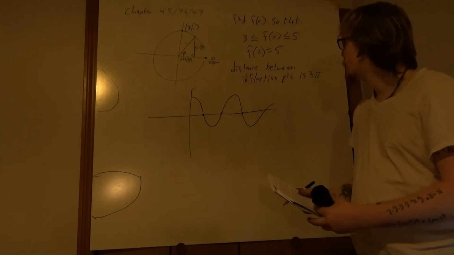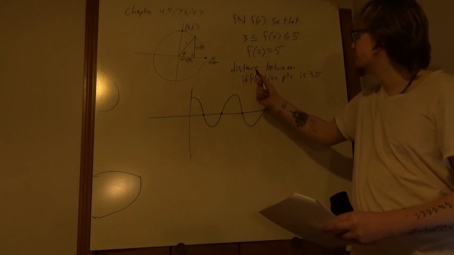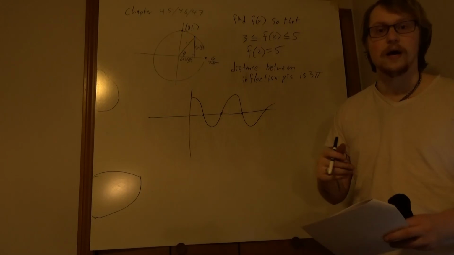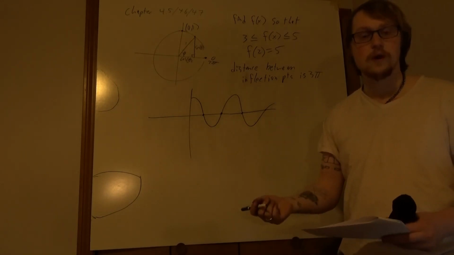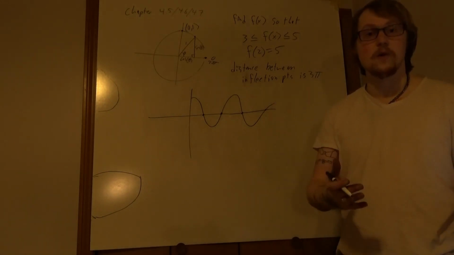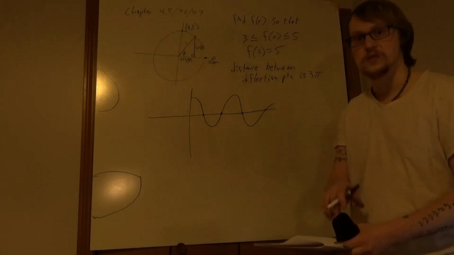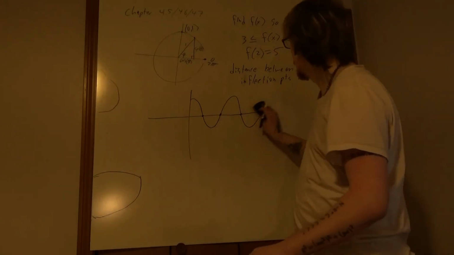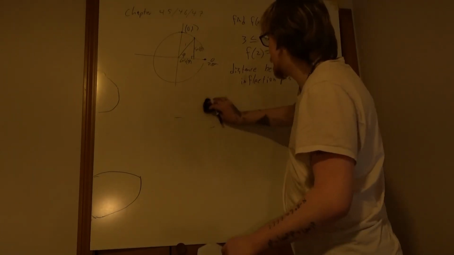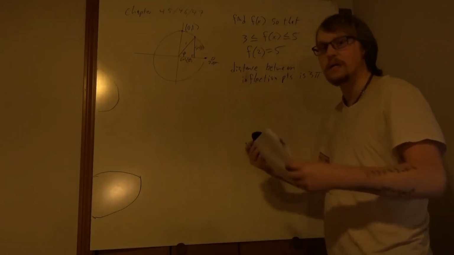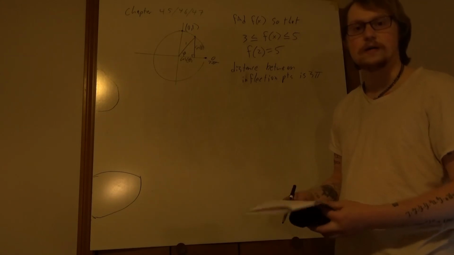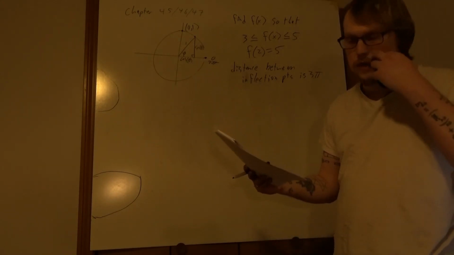So, saying that we have the distance between inflection points as 3 pi instead of the distance between zeros probably tells us that the zeros are not at the same place as the inflection points. And we'll see why that is later on. But so we have these facts, and now we have to go about building a function that does all of this correctly.